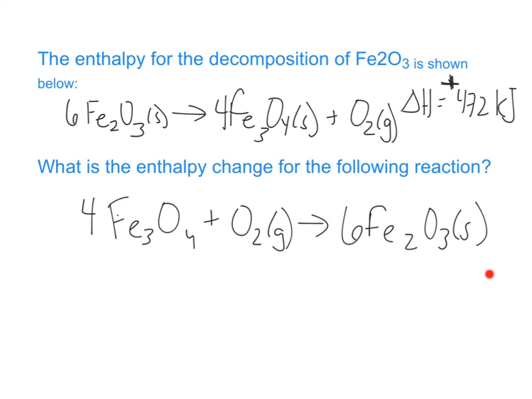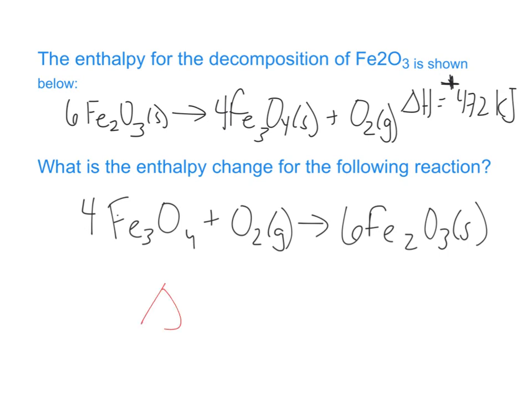Let's look at this reaction. It is 4 Fe3O4 plus 1 mole of oxygen, making 6 iron oxide. So it is the opposite, the synthesis of 6 moles of iron oxide as opposed to the decomposition. So if you reverse a reaction, then you reverse the heat of the reaction.